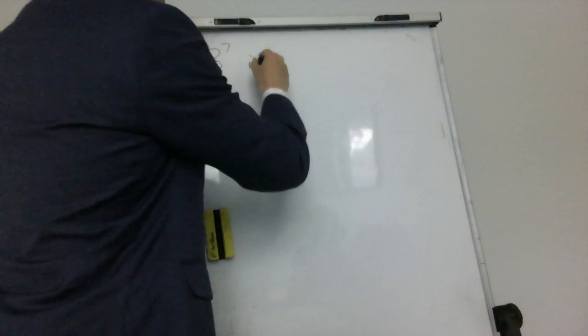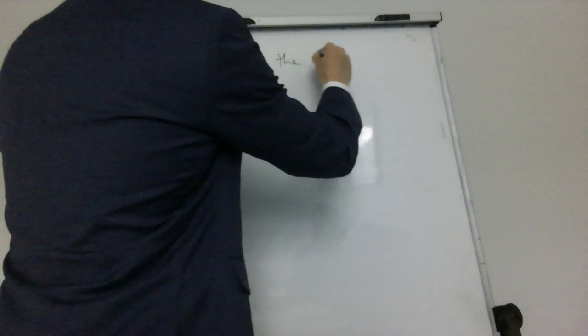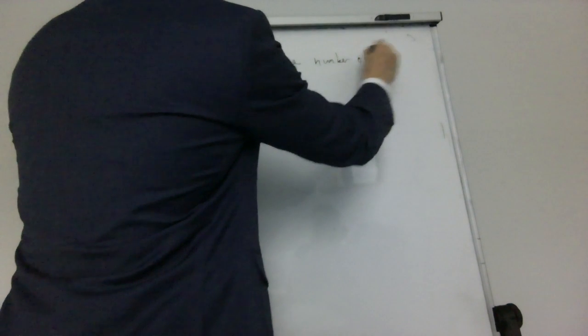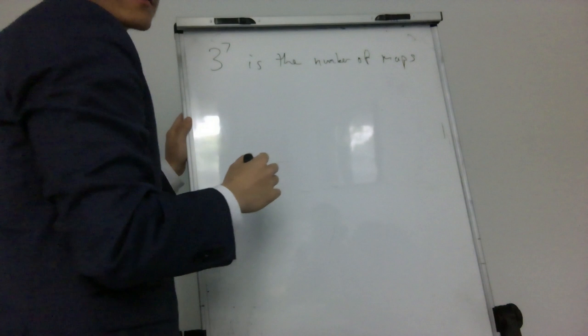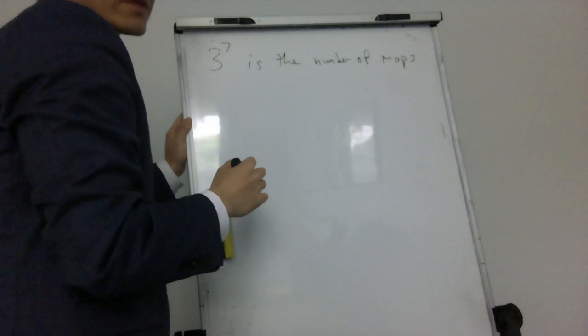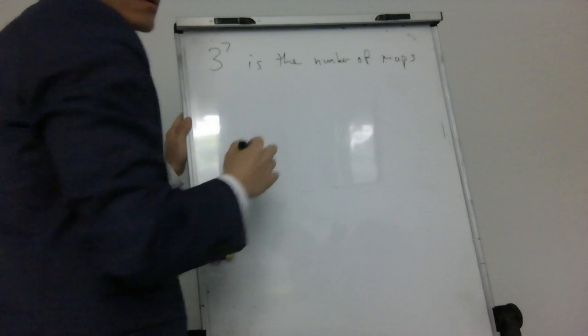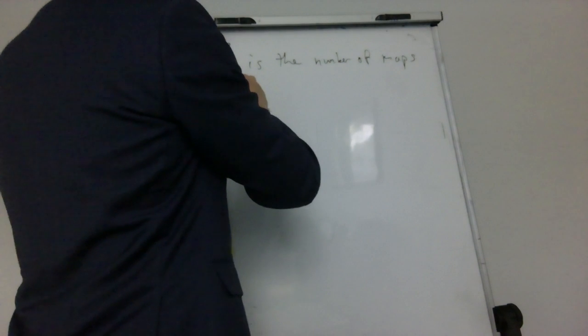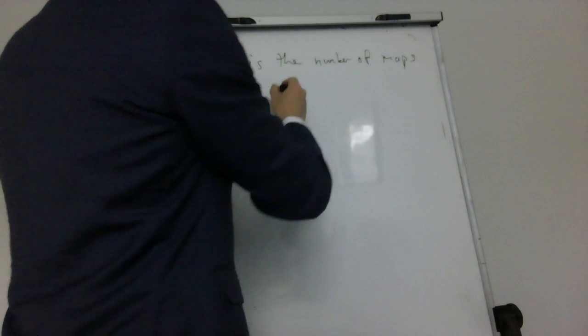Saying that 3 to the power of 7 is the number of maps from, was it a 3-element set? A 7-element set. From a set of 7 elements to a set of 3 elements. Yeah.